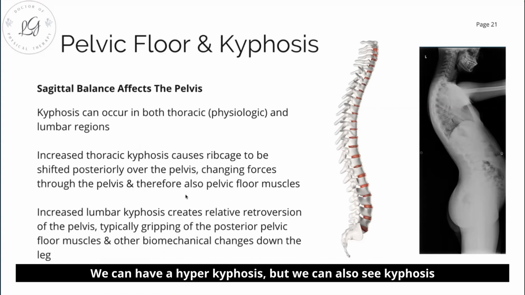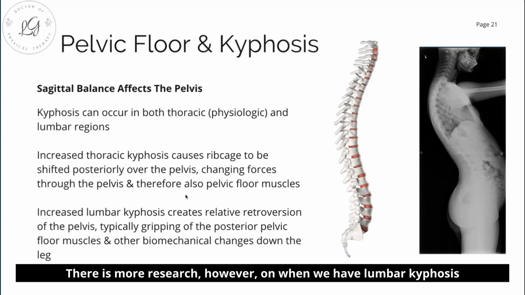We can have a hyperkyphosis, but we can also see kyphosis in the lumbar spine, or rather basically a lack of lordosis. The increased thoracic kyphosis causes that rib cage to be shifted posteriorly. So if you can mimic that, I cannot because my spine is fused, but you can feel within your own body how that changes the forces down through your pelvis, how that changes your weight in your legs, and how that impacts potentially your pelvic floor muscles.